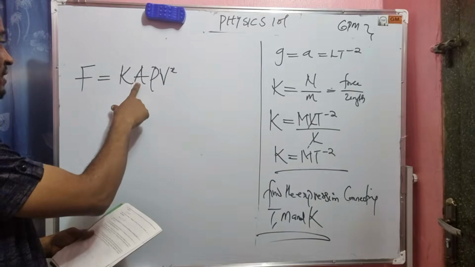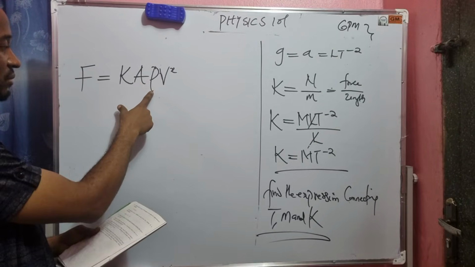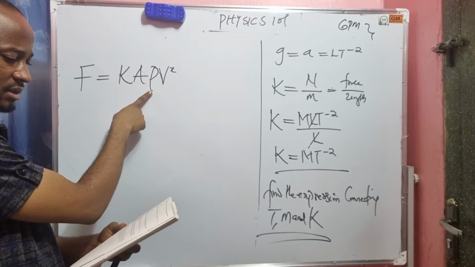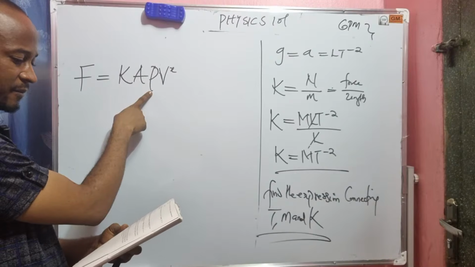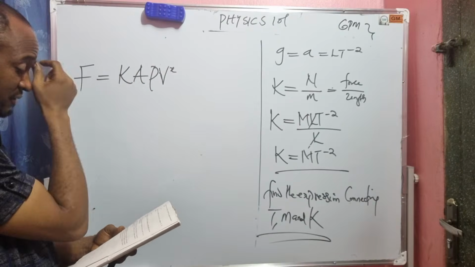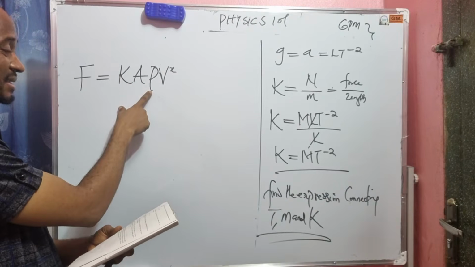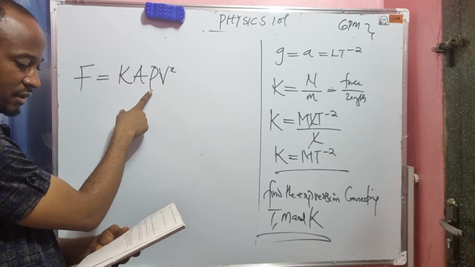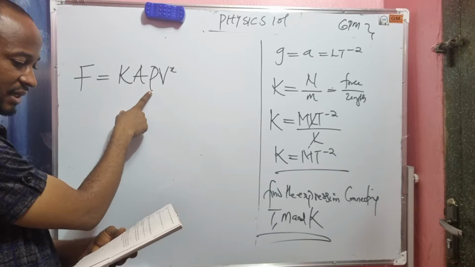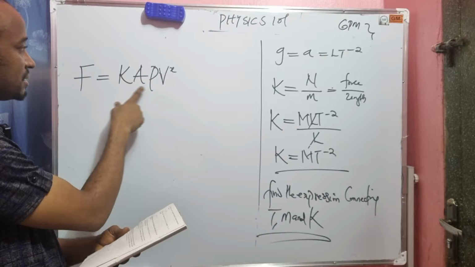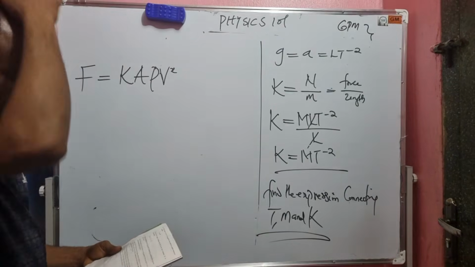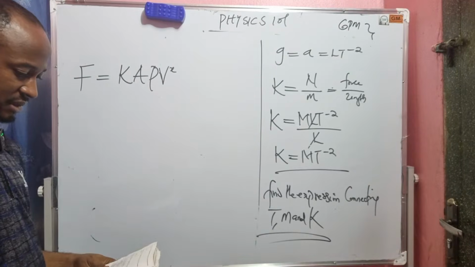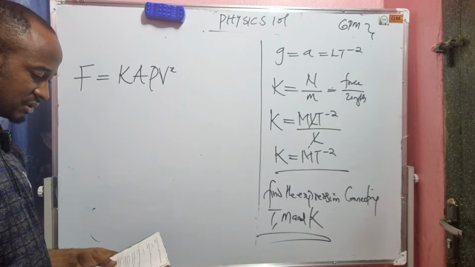Where A is the surface area of the body, this symbol rho is the density of the air, and K is a numerical constant.